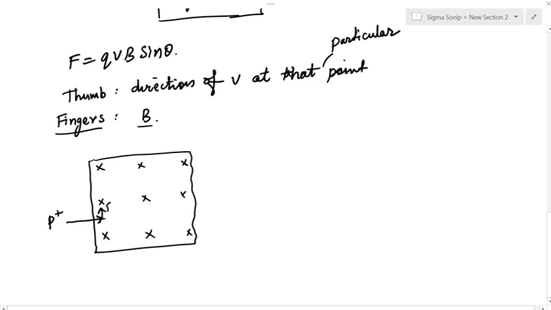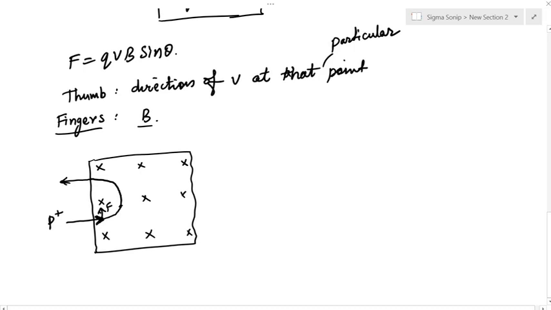Again, because the velocity will change, the force will always change, so I'm just talking about this particular point. At this point, this is the velocity, and the magnetic field is into the page, so F will be like this. So the proton will move in a circular path here and come back out here.